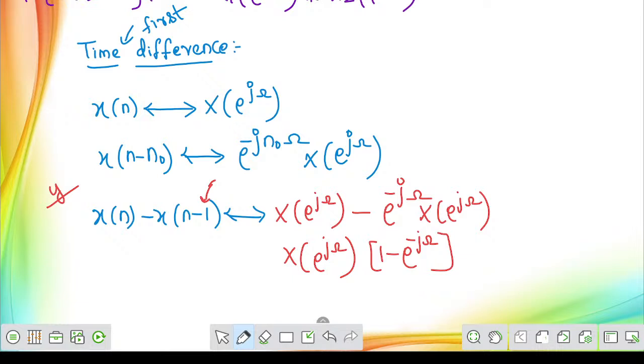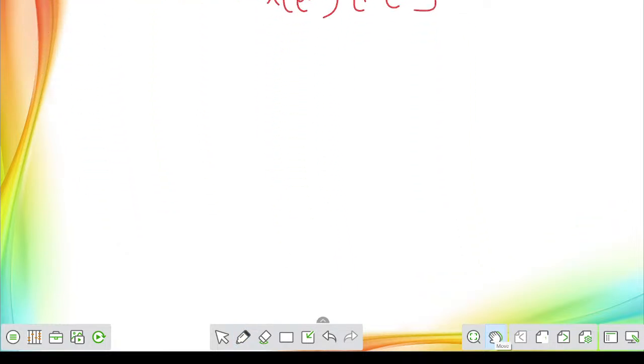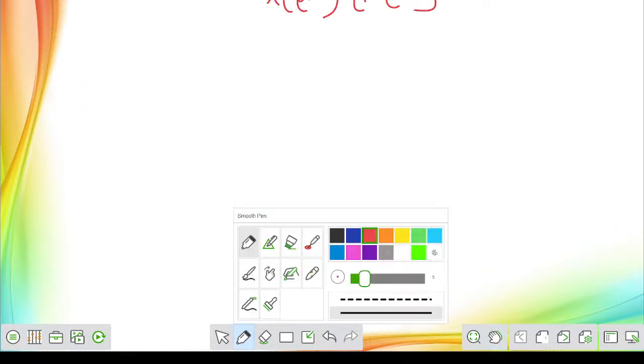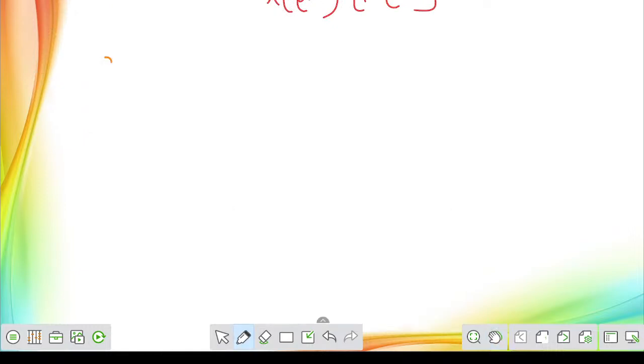Okay. I will tell you another question that will be repeatedly asked. Recently also in one test this question was asked. I will tell you what they will do now. We know that if we have x of n, then its corresponding discrete time Fourier transform is X of e power j omega.